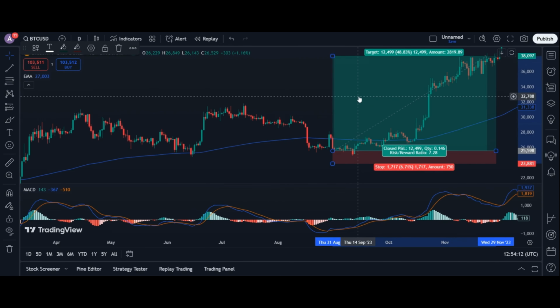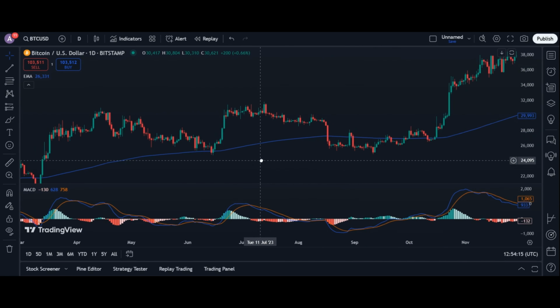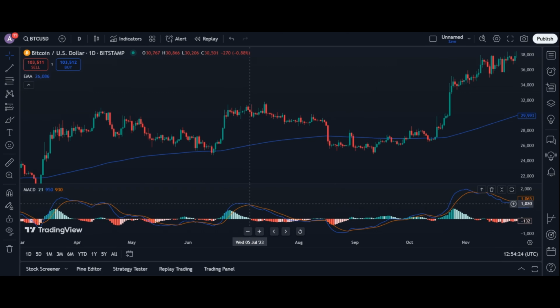And let me tell you another instance that was very good for a short position. For example, at this point, we can see that the MACD line crosses the signal line downward, and it is the best time for going for a short position.